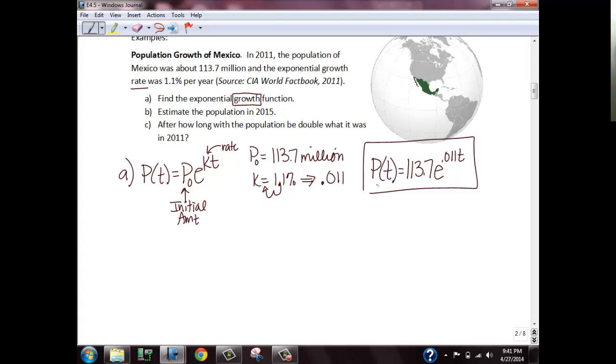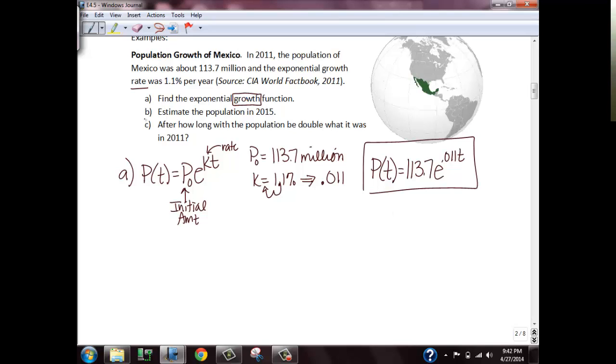Or if we want to figure out how much time it will take for the population of Mexico to reach a certain amount, we could put our ending amount over here and then solve this for t. Once we have our function, that's the important thing. Now we can either put in a time to figure out the end population, or we can put in an ending population to figure out the year in which that will happen.